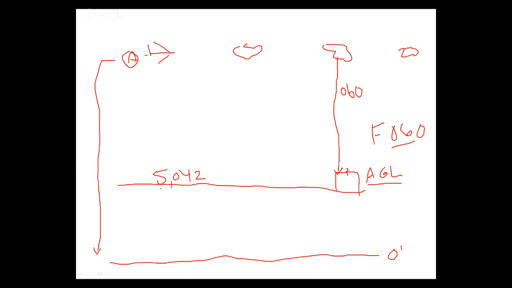So you're going to have to add the field elevation to that weather report to get your actual altimeter altitude for those clouds. So, rough math, 10,000 feet or so. Your altimeter is going to be showing about 10,042 feet, if you want to get exact, where you're going to see that cloud level above sea level.